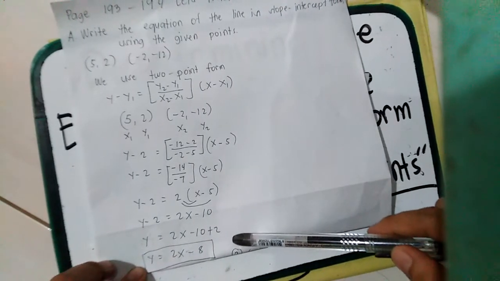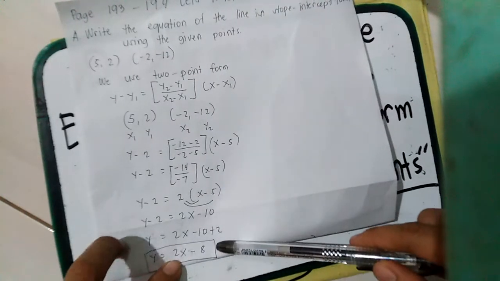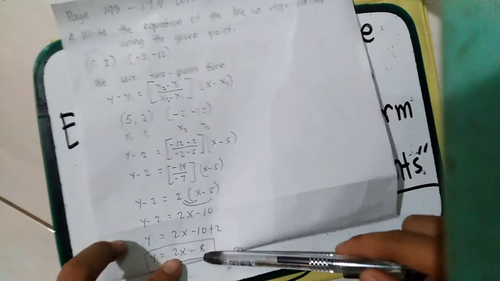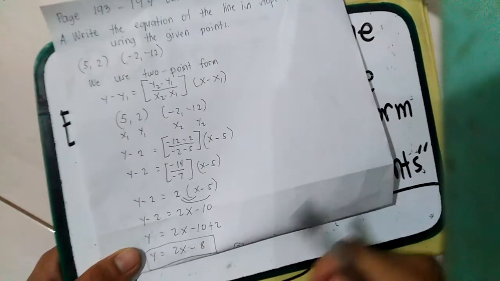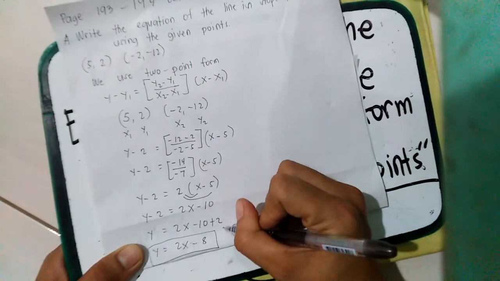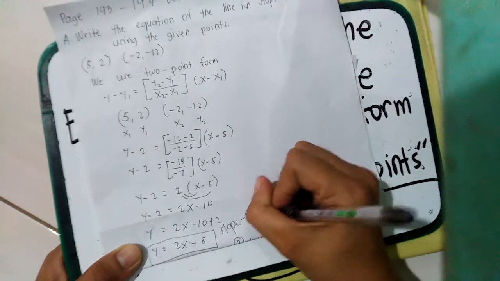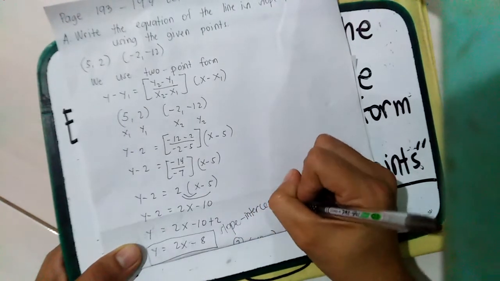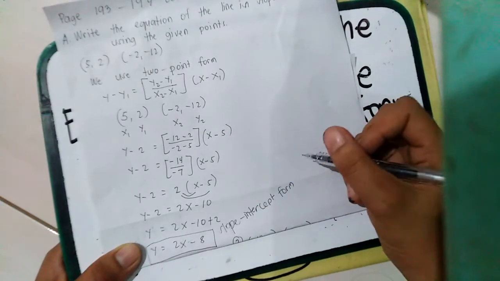Right, the slope-intercept form is y equals mx plus b. So our slope here is 2 and the b, or the y-intercept, is negative 8. So this is now our slope-intercept form. So what is our standard form?